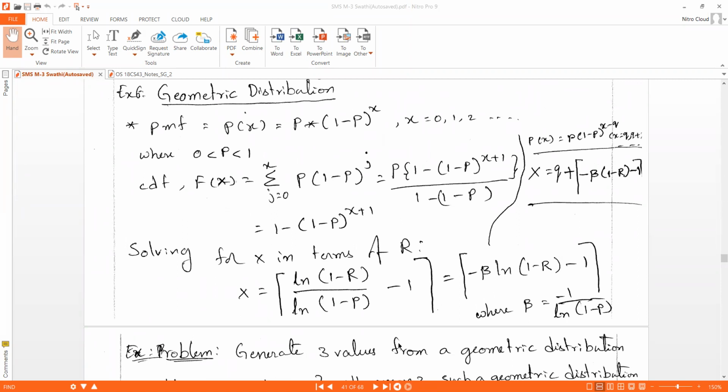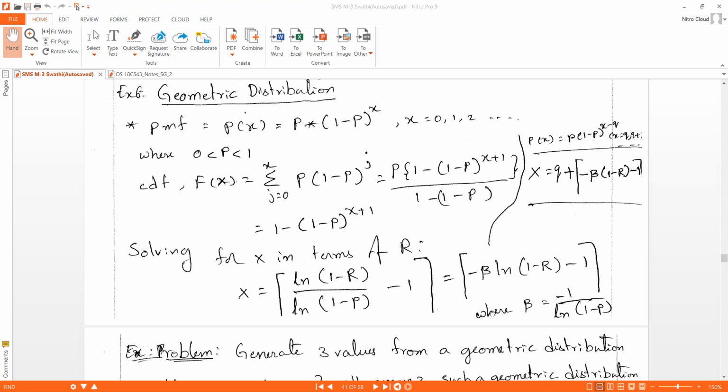This is geometric distribution. For the geometric distribution, the PMF is P of x equal to P into (1 minus P) power x, where x is equal to 0, 1, 2 and so on, where the P value will be in between the 0 and 1 range, that is 0 less than P less than 1. And CDF is F of x is equal to sigma j equal to 0 to x, P into (1 minus P) power j.